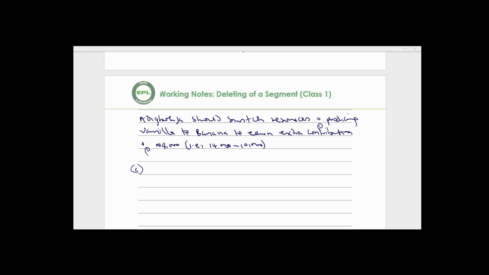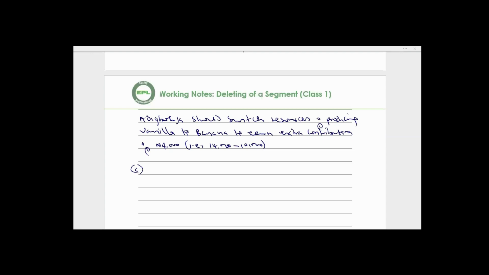So you can say, one, what will be the effect of dropping the sale of vanilla on the customer? Would there be any possibility of loss of revenue due to low patronage by the customers as a direct consequence of the closure?